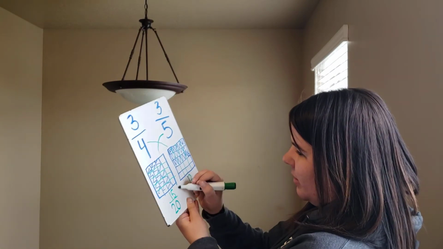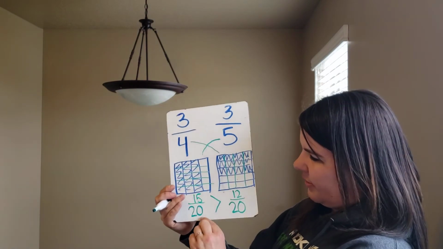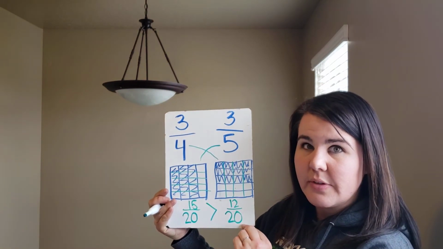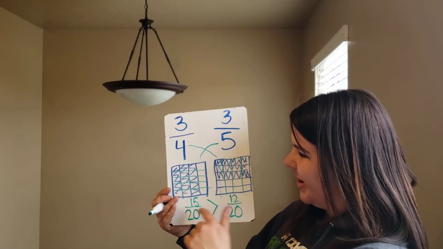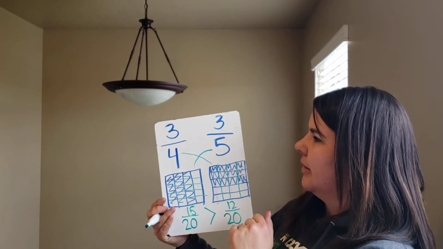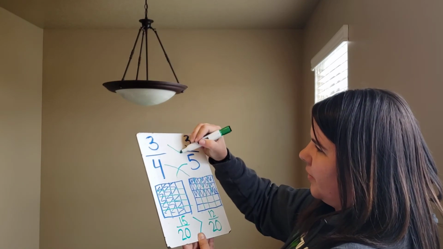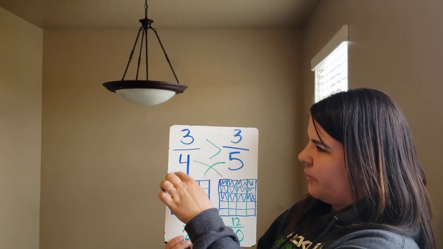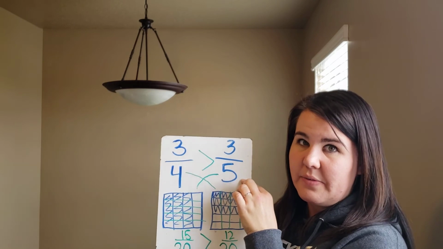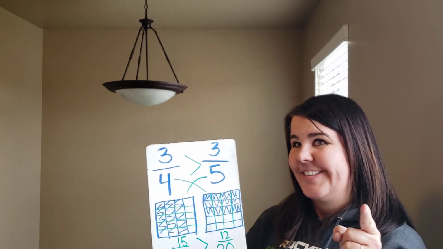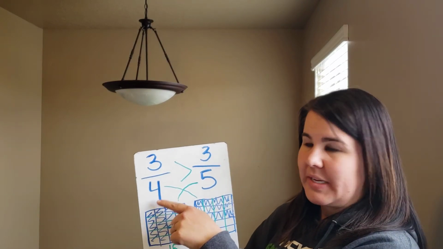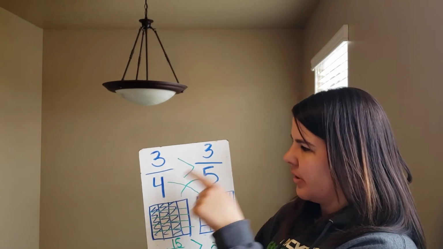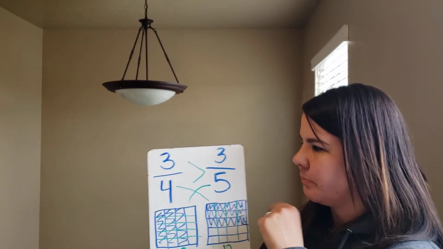So that means 15 20ths is greater than 12, because we know 15 is more than 12. Now that our denominator is the same, we just look at how many are colored in, which means, back to our original fractions, 3/4 is greater than 3/5, which does go along with what we learned last time. Fourths would be bigger pieces than fifths, so 3/4 would be greater than 3/5.